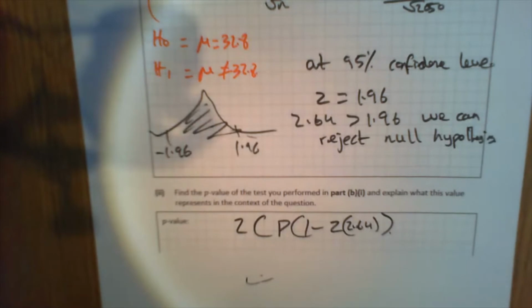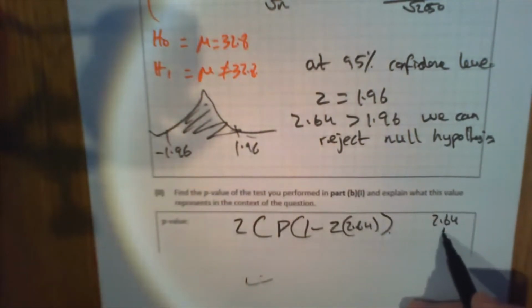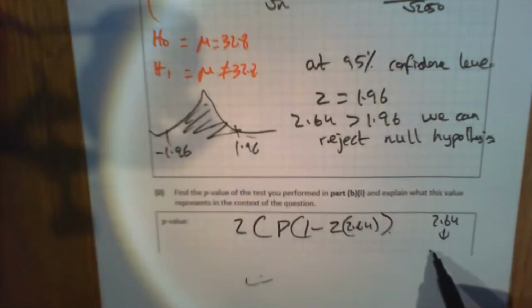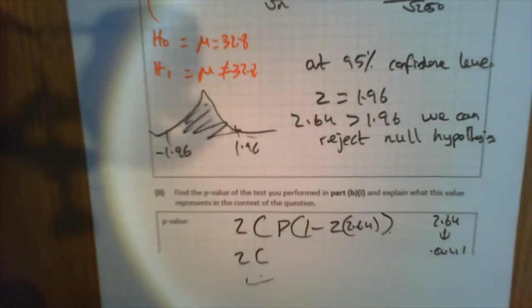Okay, so let's work this out. Z score of 2.64 goes to a probability of 0.9959. Sorry, I just have to do this in the calculator. That's when I take it away from 1.